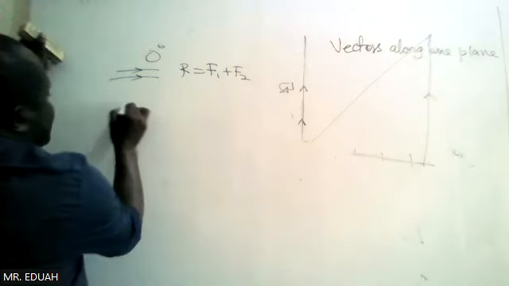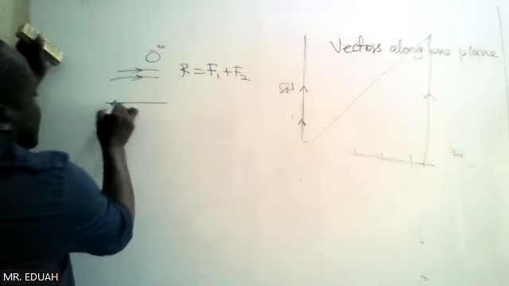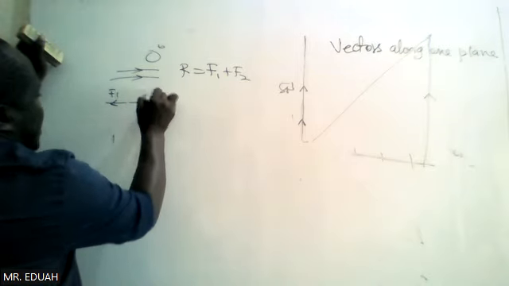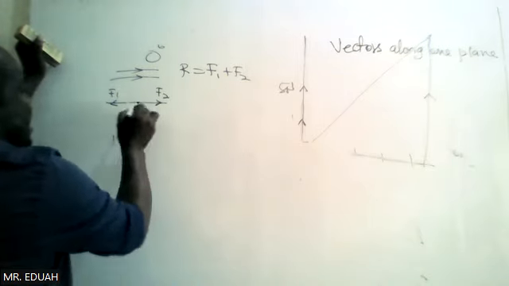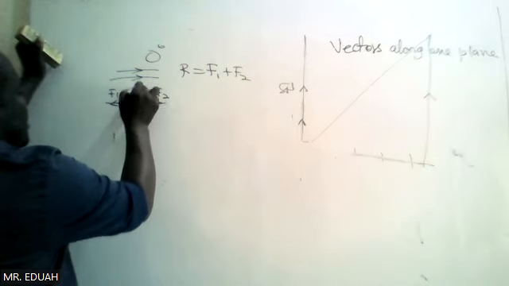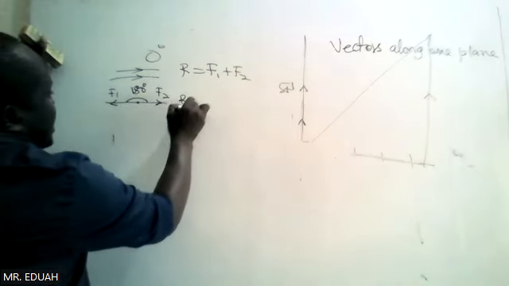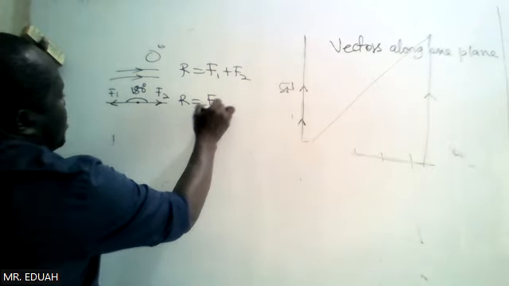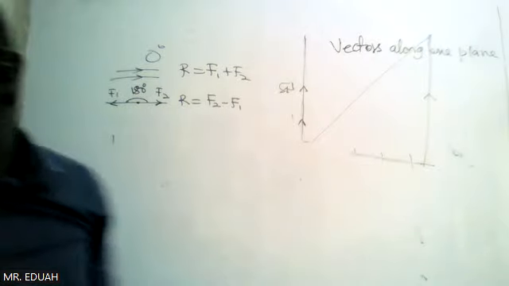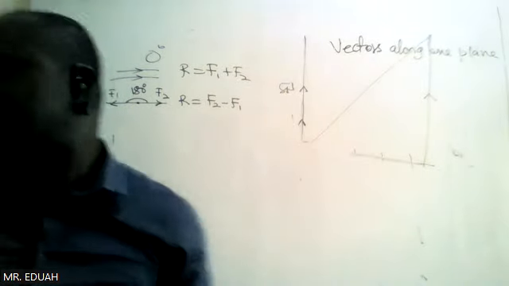When they are acting oppositely, here is F1, here is F2, the angle between them is 180, and the resultant is F2 minus F1, provided F2 is greater than F1.